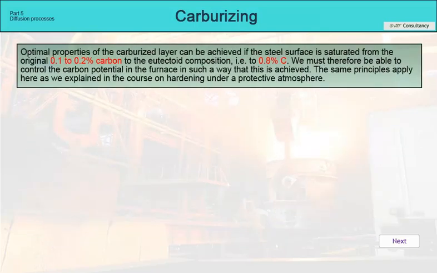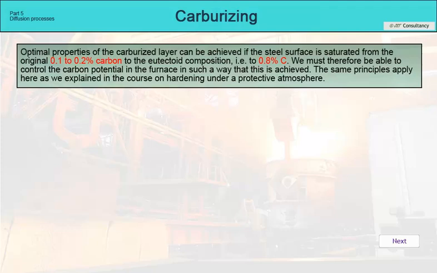Optimal properties of the carburized layer can be achieved if the steel surface is saturated from the original 0.1 to 0.2% carbon to the eutectoid composition of 0.8% carbon. We must therefore be able to control the carbon potential in the furnace in such a way that this is achieved.